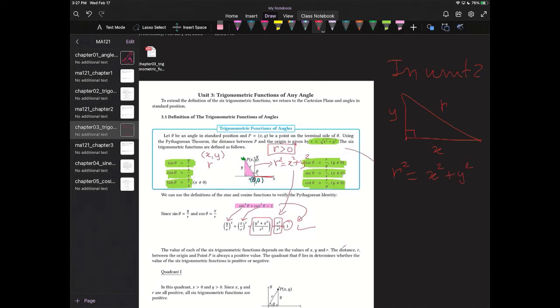So it's still a valid thing as for this new definition. So again, it's not a contradiction, it still fits there. But the angle to be inside the right triangle means that we're dealing with angles between 0 and 90 degrees. So the angle in standard position would be somewhere in the first quadrant.